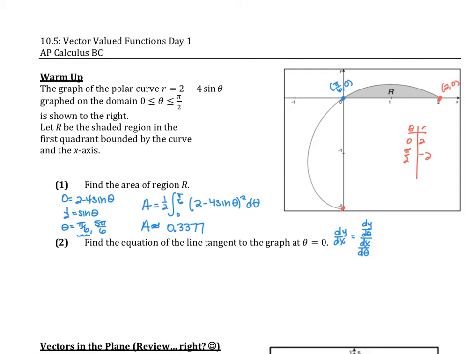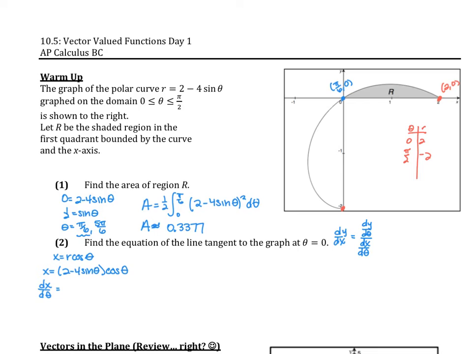But before I do that, I need to figure out x and y. I know x equals r cosine theta, so I'm going to plug my equation in down here. I get x equals r, which is 2 minus 4 sine theta, times cosine theta. Then I'm going to take the derivative with respect to theta.